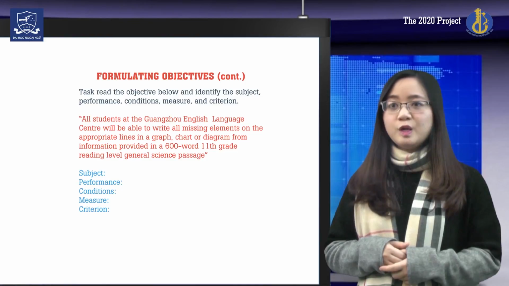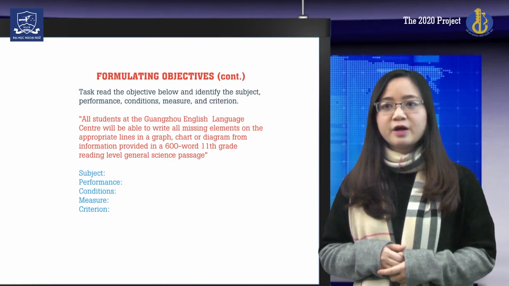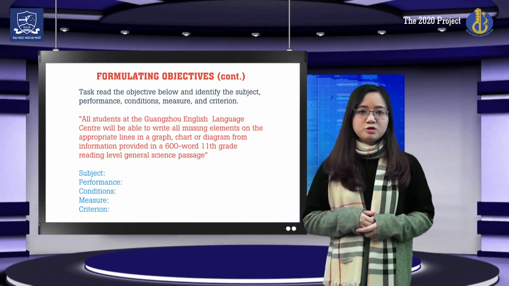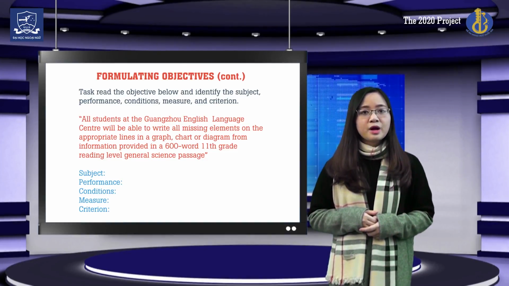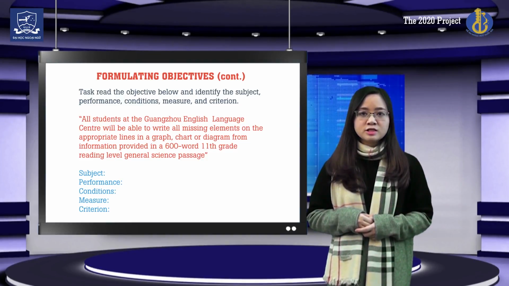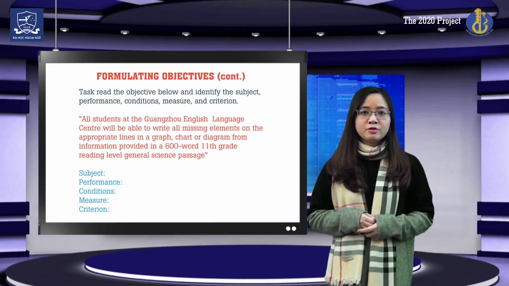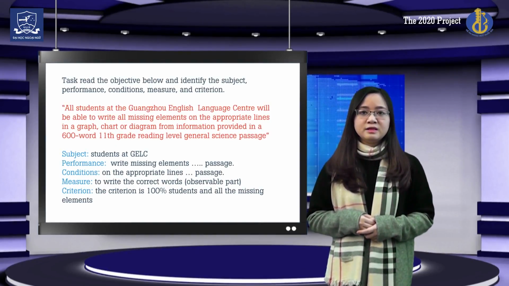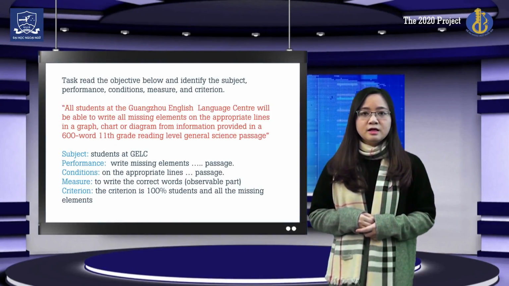For example, look at this objective from Brown and the 5 components below it. Students at the Guangzhou English Language Center will be able to write missing elements on the appropriate lines in a graph, chart, or diagram from information provided in a 600-word, 11th grade reading level general science passage. So we can see that the subject is a student at the GELC.